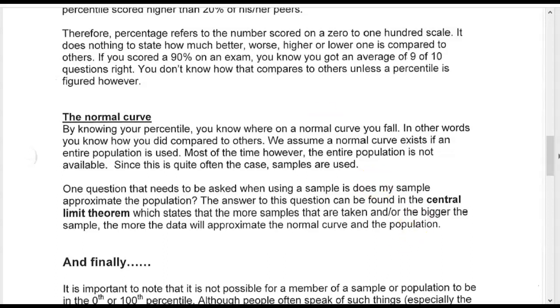The central limit theorem says that the bigger the sample you take, the more it will represent the normal curve. If you just take a few people or a few small samples, that does not necessarily approximate a normal curve. But the bigger the sample, the better.